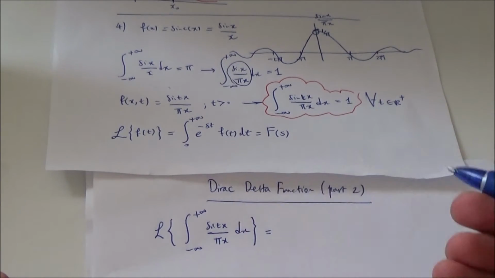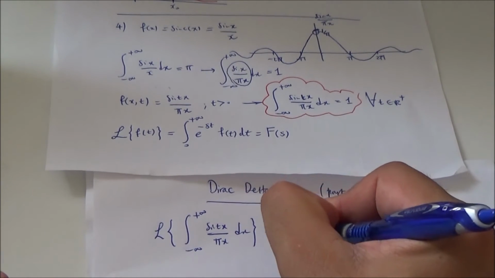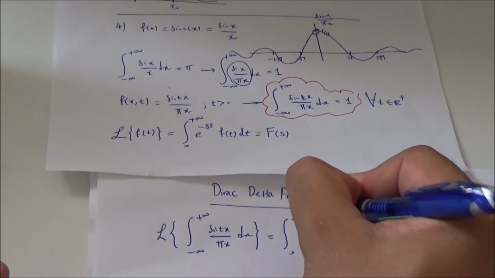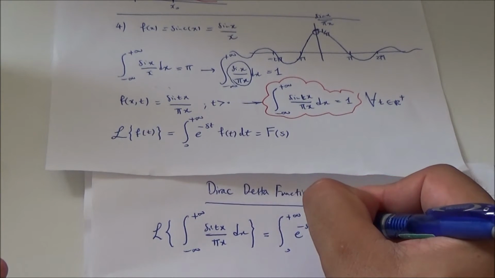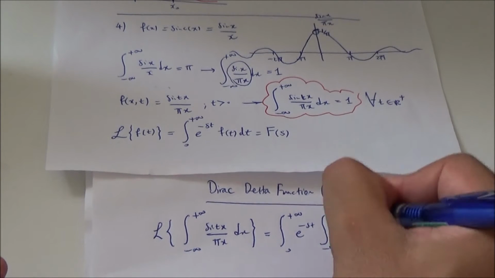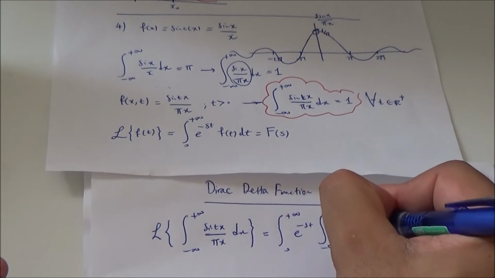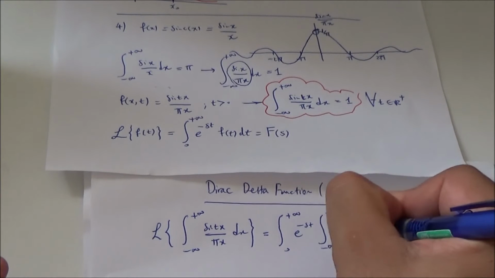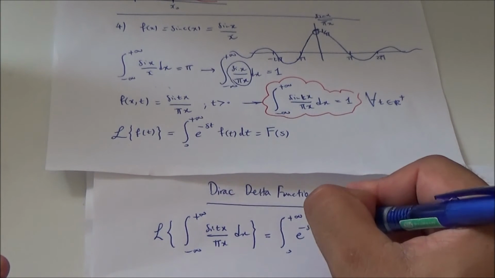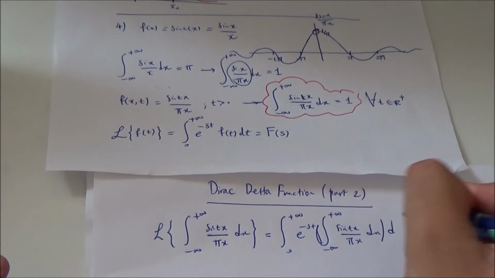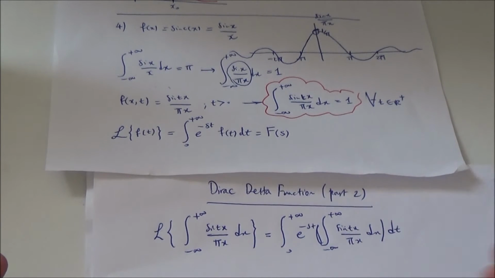This is in fact the integral from 0 to plus infinity of exponential of minus st times the integral from minus infinity to plus infinity of sine of tx over pi x dx, and finally dt.